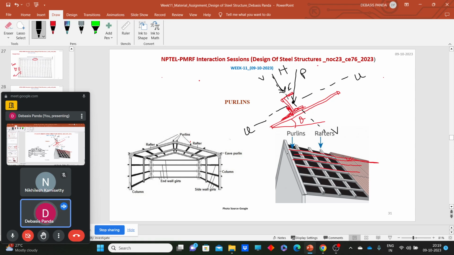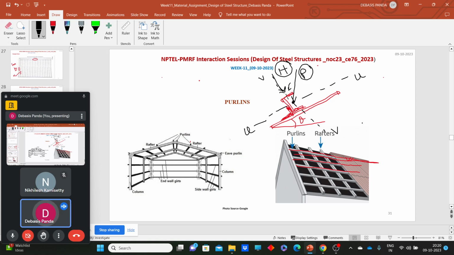Okay, so two main forces are coming. One is the horizontal force due to wind, which is considered to act perpendicular to the roof, and the other is self weight, gravity load, and all other loads, snow loads, which are considered to act vertically downward.